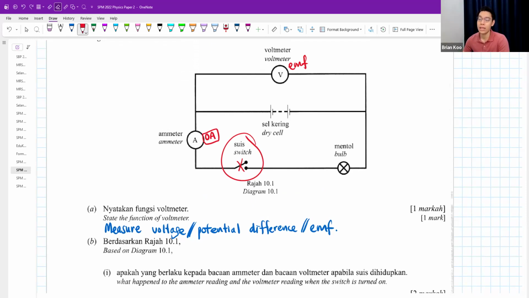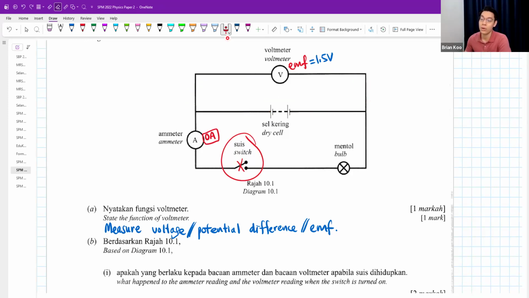The e.m.f. reading is like the value you get when you buy a new battery. Maybe the battery says 1.5 volts. That's the e.m.f. The voltmeter is measuring the two ends of your battery, so that's why it gives you this reading.